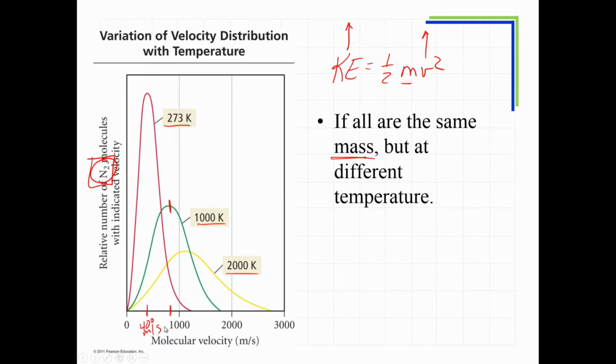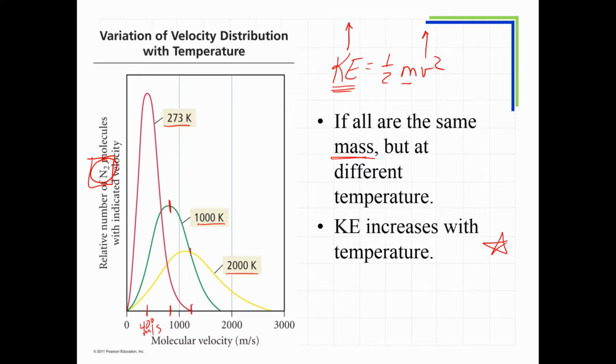This looks like it might be around 900, and we're up to 2000, and we have maybe 1200. So our speed is getting greater. Key statement: kinetic energy increases with the temperature. As the temperature goes up, the kinetic energy goes up. If the kinetic energy is going up, it's because the velocity is increasing.